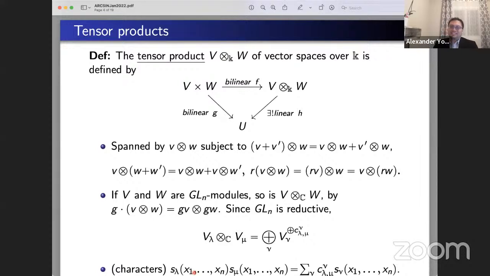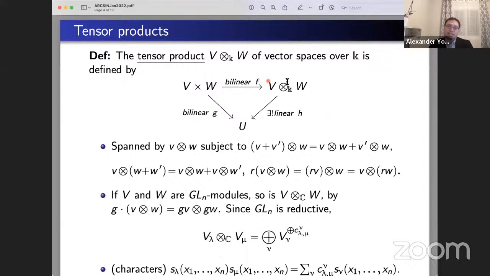Okay, the other basic concept that comes up in this talk is the notion of tensor product, which I know you know, but let me just state it because there's one slightly subtle point I want to emphasize for the students. So what is a tensor product? I have 2 vector spaces, and I'm trying to understand all bilinear maps from the Cartesian product.